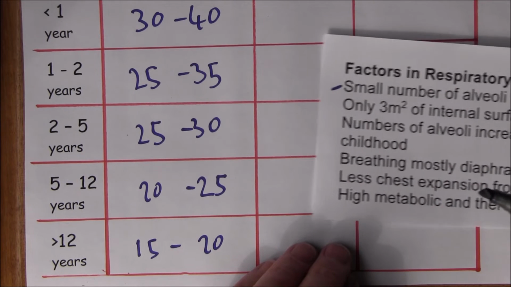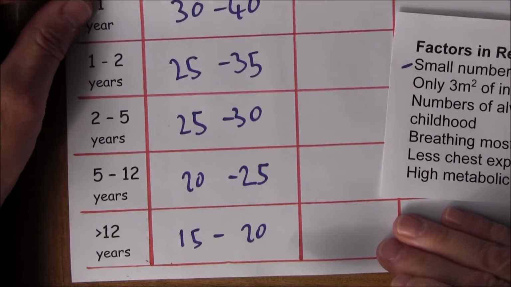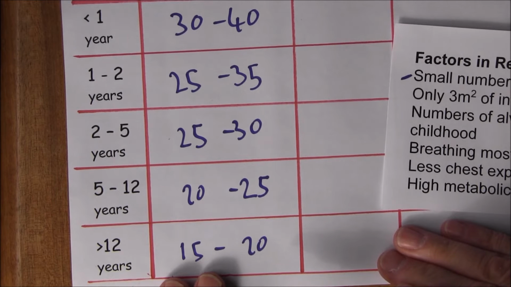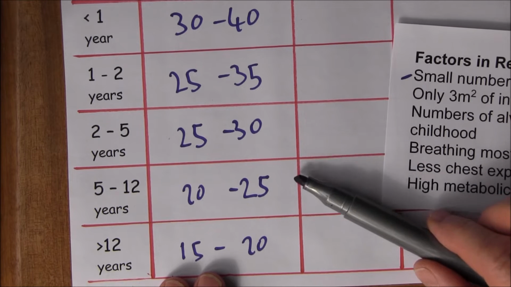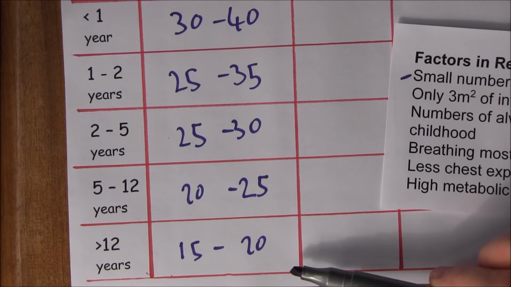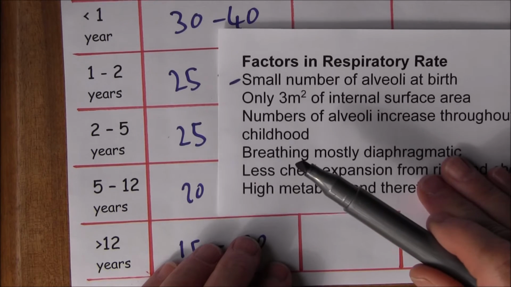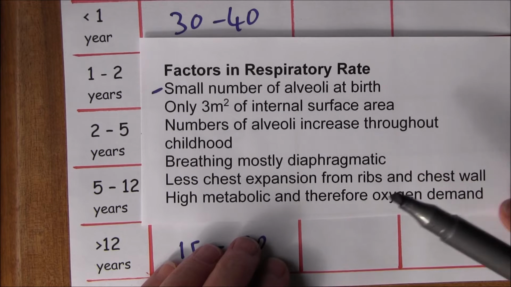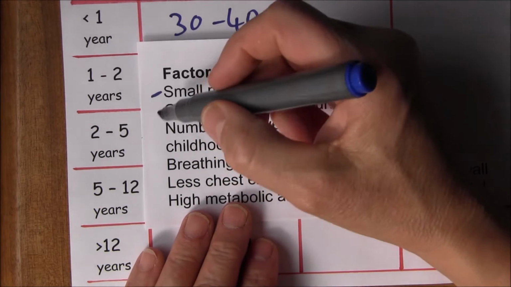The number of alveoli increases very significantly in the first few years of life, especially up until the child is about 8 years of age. But even after this, the number of alveoli carries on increasing through to adolescence, not reaching the adult value until adolescence. The alveoli are responsible for the large internal surface area of the lungs for gaseous exchange.